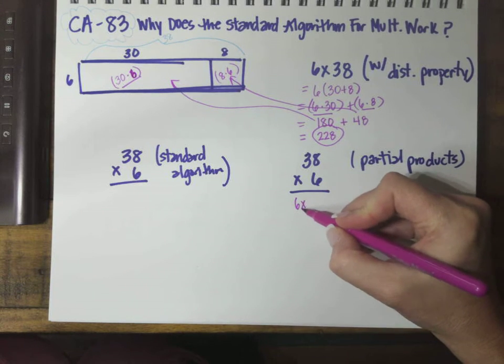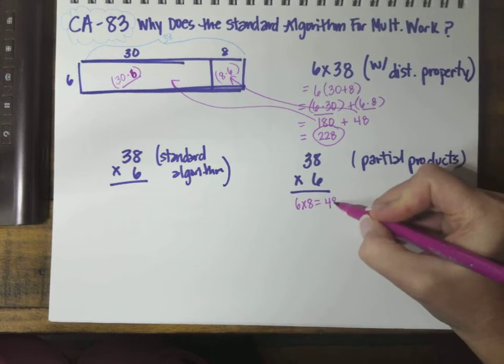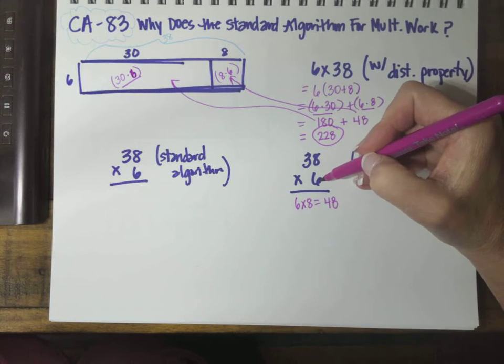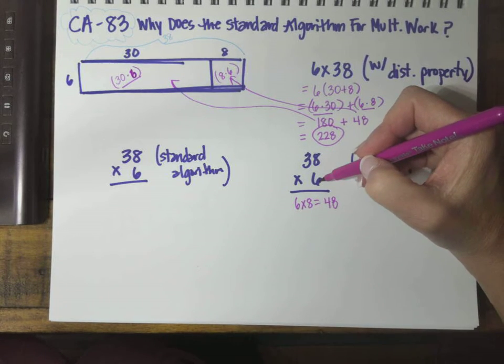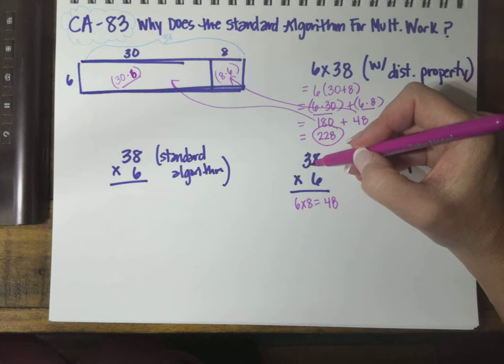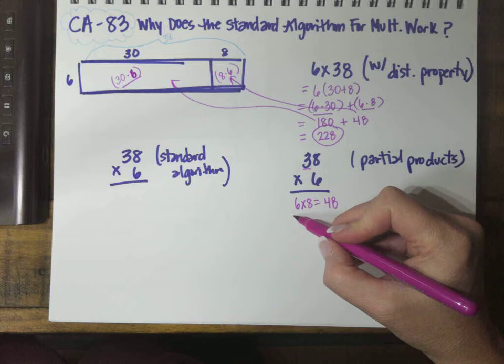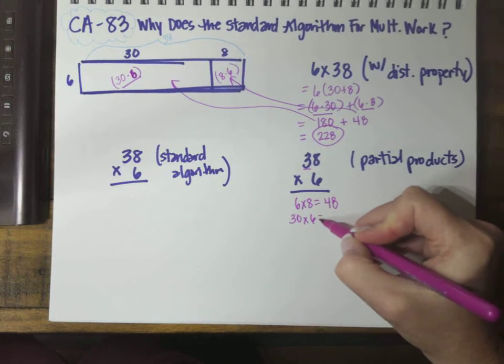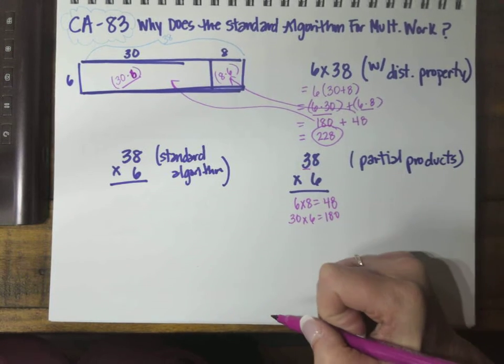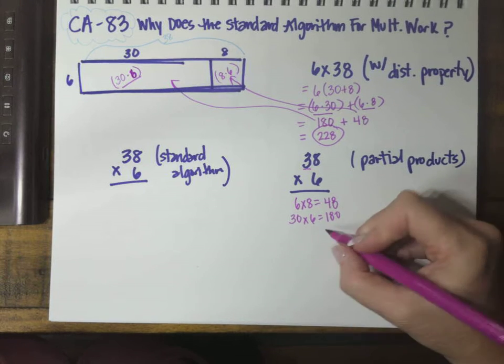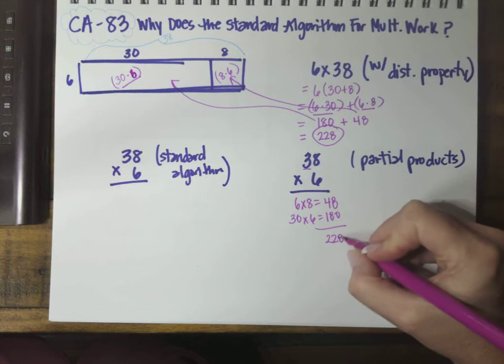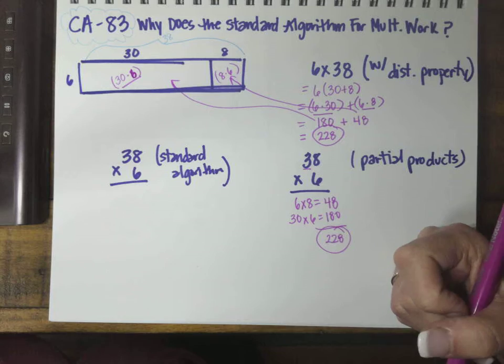And then here we're going to multiply the 3 times the 6, except we're not going to think of it as a 3, we're thinking of it as its place value, which is 30 times 6. And in this case, we only have 2 partial products, so we sum those for our product in the problem.